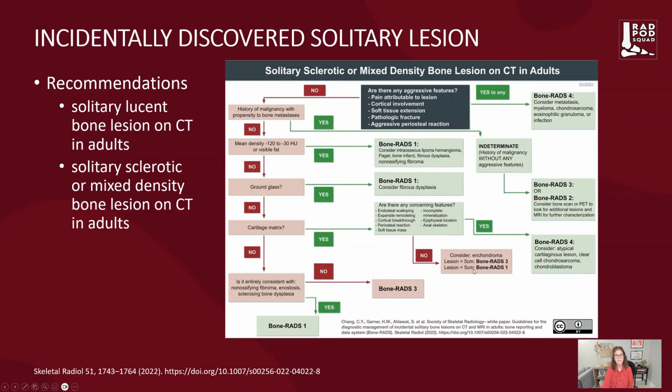If the lesion is less than 5 centimeters, that's a BoneRads 1. We don't have to follow that. We can term that out as benign, and so on. So if the lesion is not entirely consistent with a benign lesion, we'll go on to follow it. And if it is consistent, we'll go on to stop there. This will help with utilization costs.